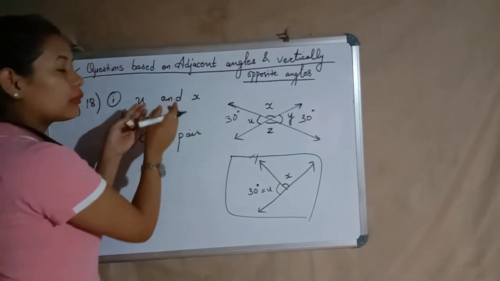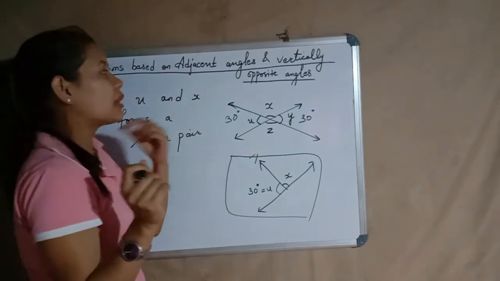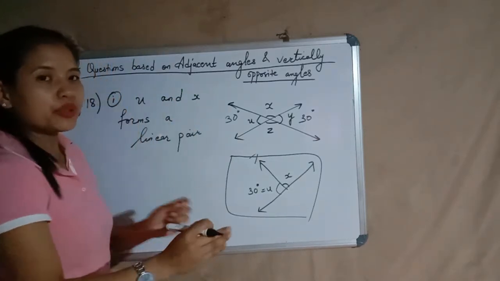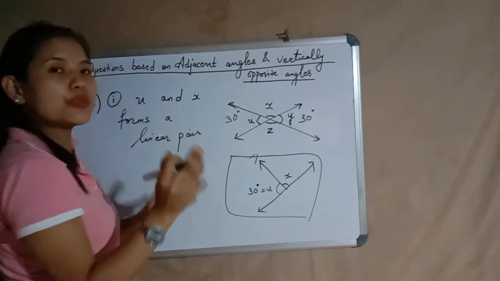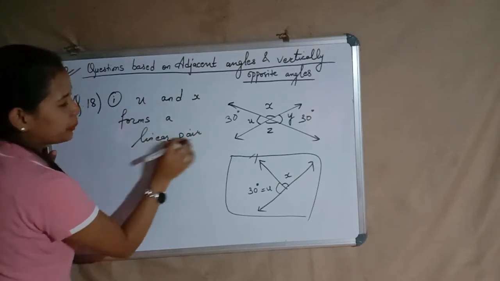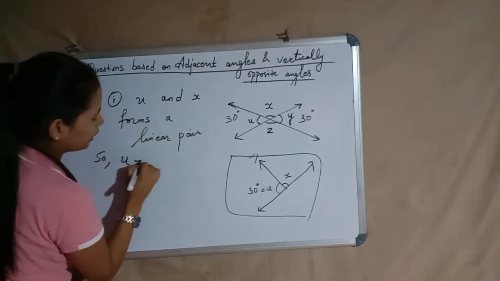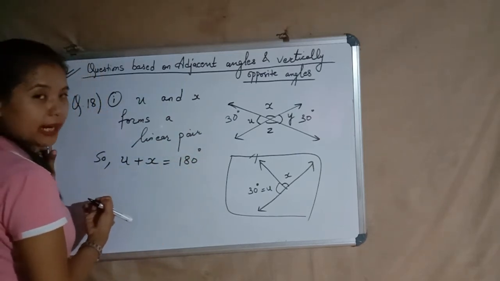You need to write the reason why you are doing all these things. It can't be just in your mind and you just write U plus X equals 180 degrees. It should be clearly visible to the examiner. So U and X form a linear pair. If they are a linear pair, the sum will be equal to 180 degrees.